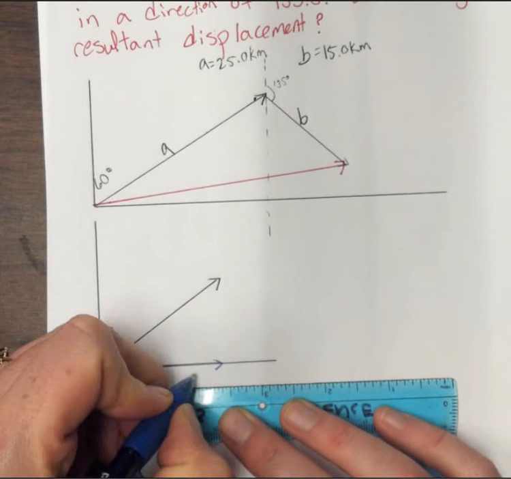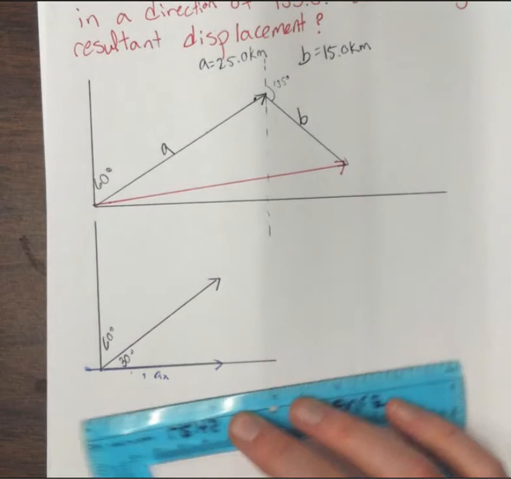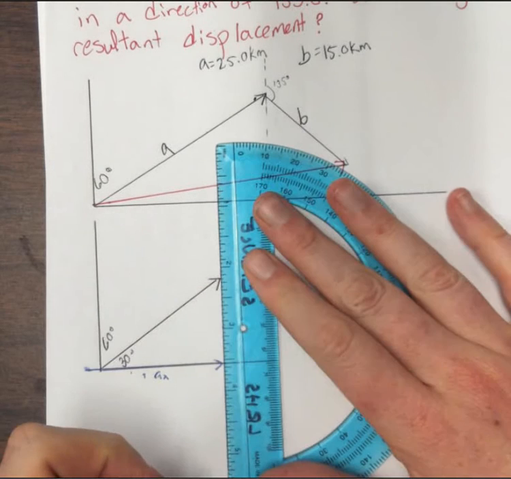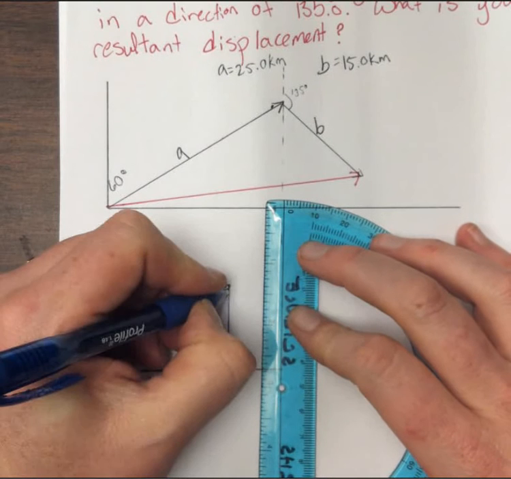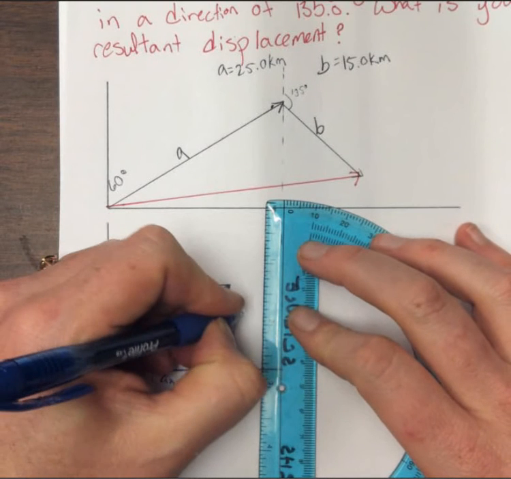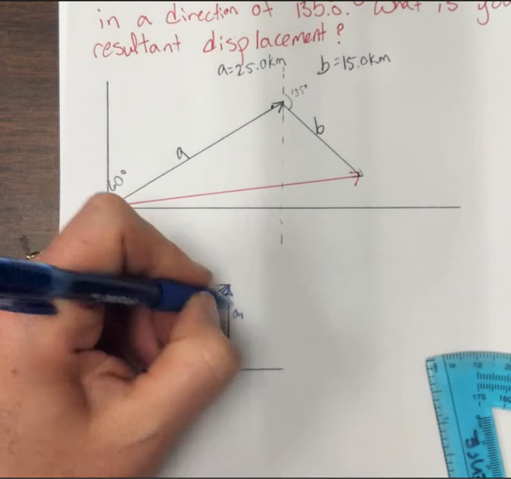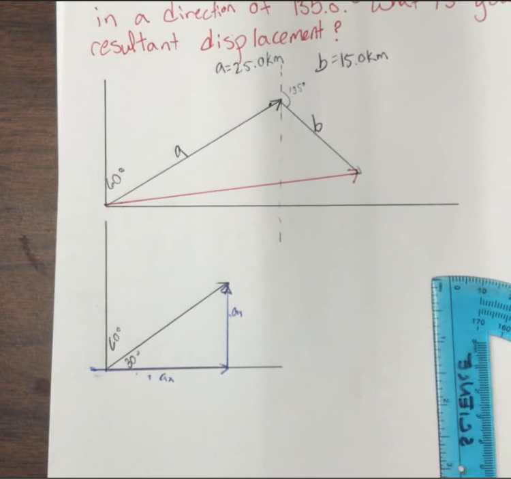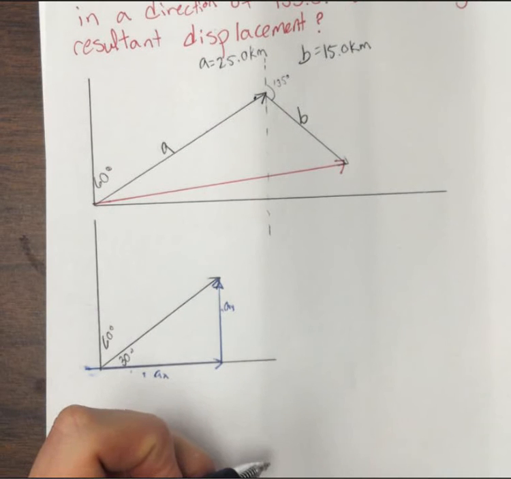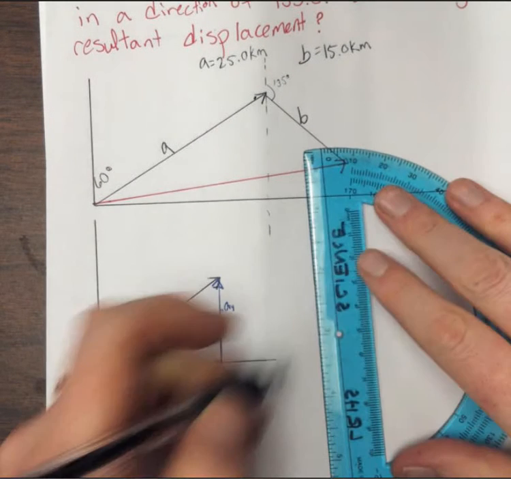And we would say that that's a positive AX value since it's on the positive x-axis. And AY would be this fun fellow right here. And we would also say that AY is positive on that axis system. Then we could take care of our B vector.